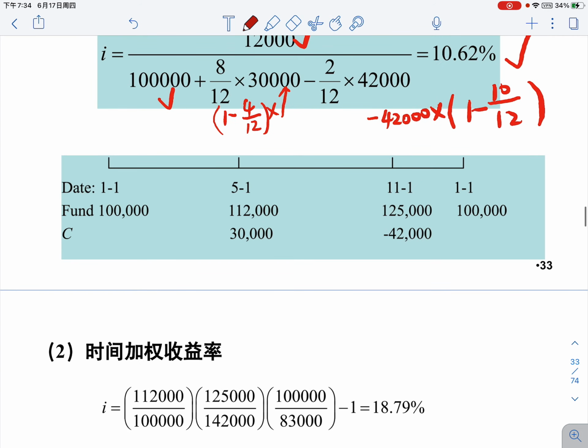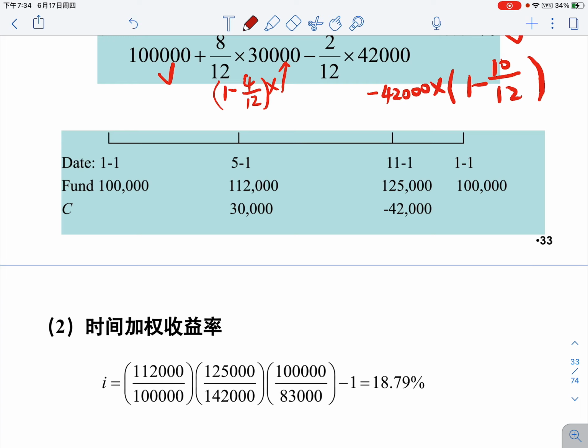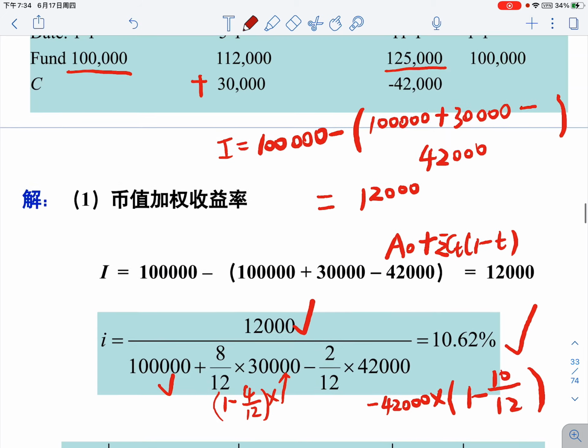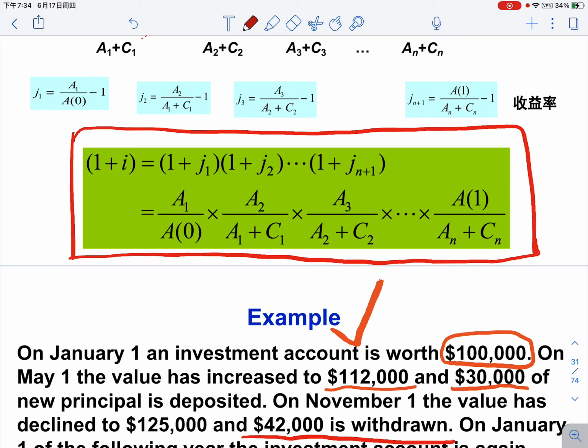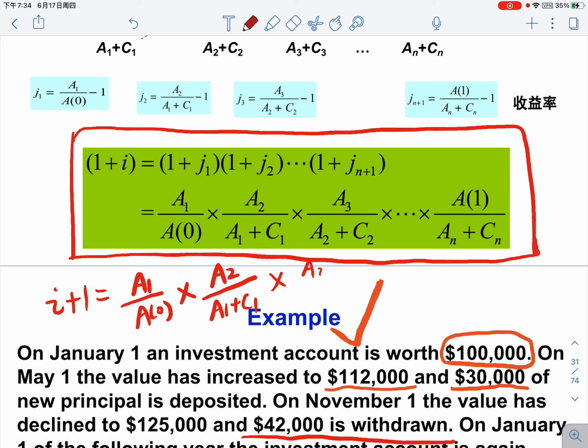And then we use another method, which is the time weighted method, and we should use this formula. 1 plus i actually equals A1 over A0, times A2, the accumulation result at time 2, over A1 plus C1, and A3 over A2 plus C2, multiplied through to the end.